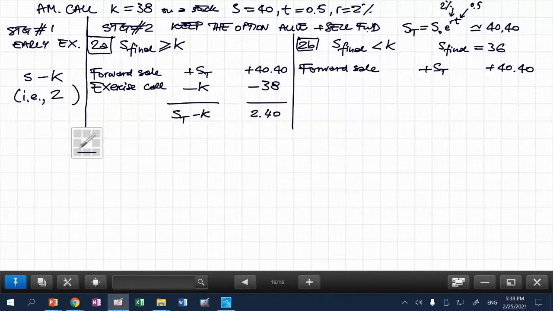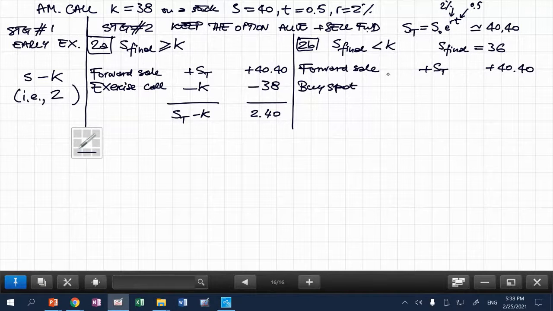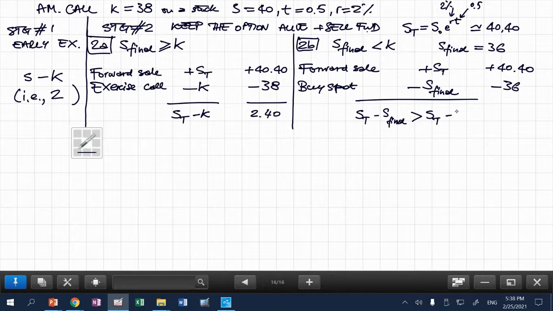Clearly, here we do not exercise, and we buy the stock spot on the market, okay? So what we do is that we buy spot, we only pay S final. In the numerical example, we only pay 36, okay? So the result that we have here is ST minus S final, which is strictly larger than ST minus K. As we can also see from the numerical example, we are making 4.40 rather than 2.40, okay?